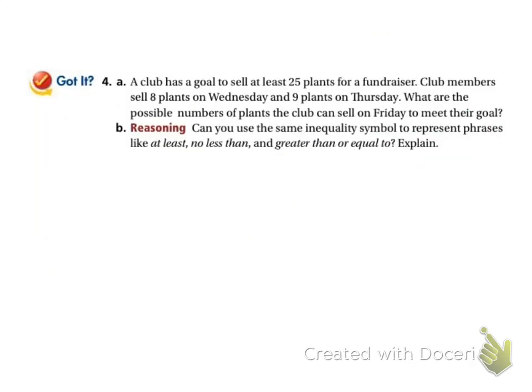Let's try our own now. A club has a goal to sell at least 25 plants for a fundraiser. So the smallest number they can sell is 25. Club members sell 8 plants on Wednesday and 9 plants on Thursday. What are the possible numbers of plants the club can sell on Friday to meet their goal? So, they already sold 8 on Wednesday, plus they sold 9 on Thursday, plus they're going to sell some amount on Friday.